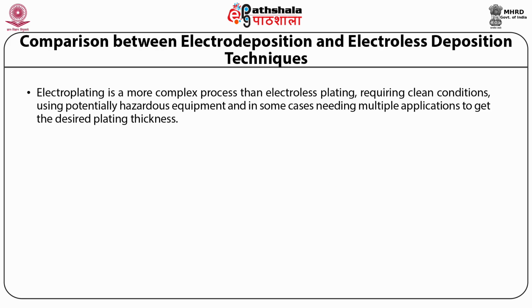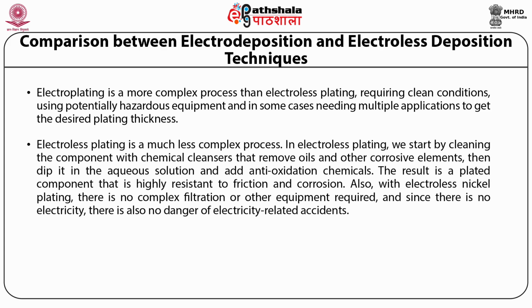Electroplating is a more complex process than electroless plating. It requires clean conditions. It uses potentially hazardous equipment, and in some cases it requires multiple applications to get the desired plating thickness. Electroless plating is a much less complex process.